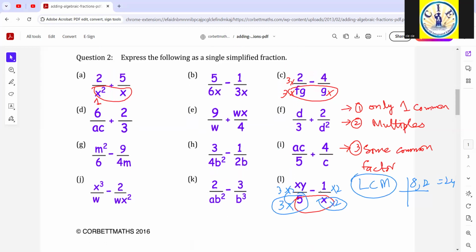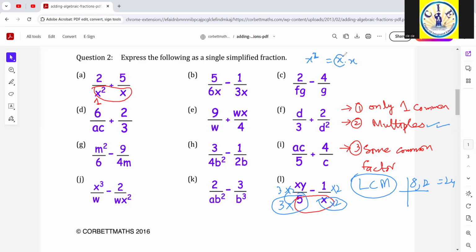Now you see that in the first part, x and x square are there in the denominator. So this is the case that is going to be applied, because x square is a multiple of x, as it can be written as x times x.